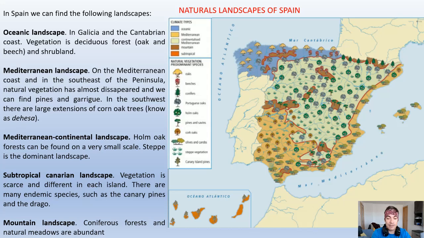For example, we have some tree species in the Canary Islands that do not grow in the rest of the planet. For example, the Canary pines, El Pino Canario, or the dragos. The dragos are those trees which are very small and with a very thick trunk.